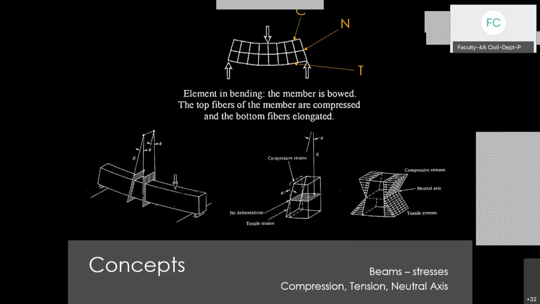In the upper portion, you will have the compressive stresses, while in the bottom portion, the tensile stresses have been developed. So tensile stresses have been developed here, while this is called the neutral axis, and this one is the compressive stress. So this is how that element will perform if it is in bending.